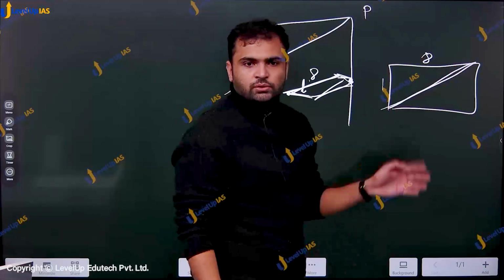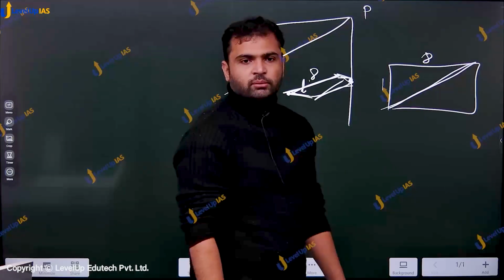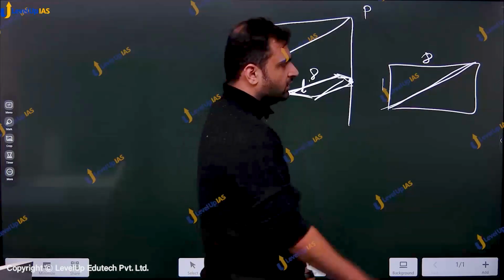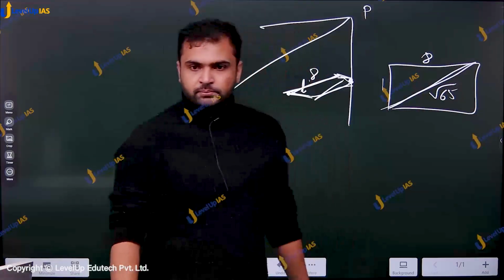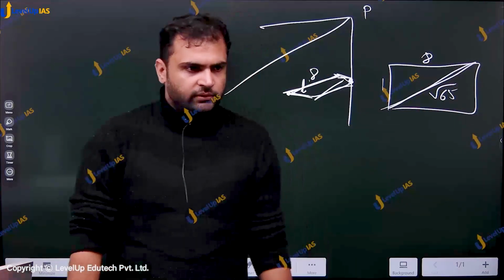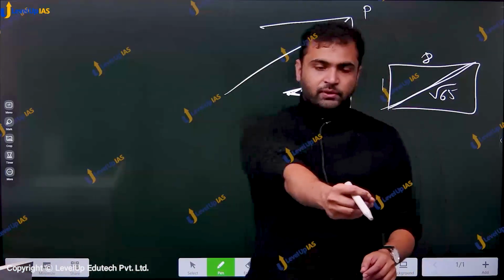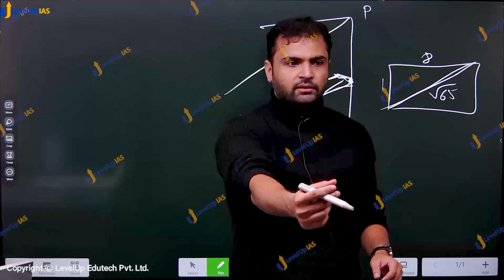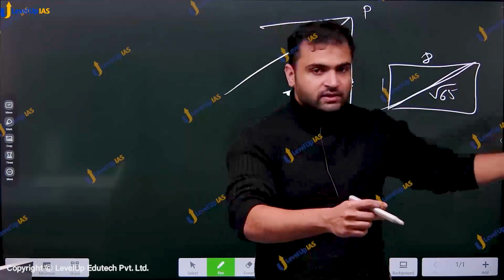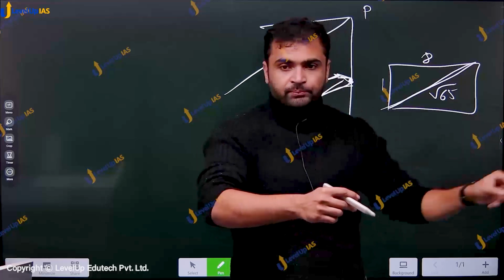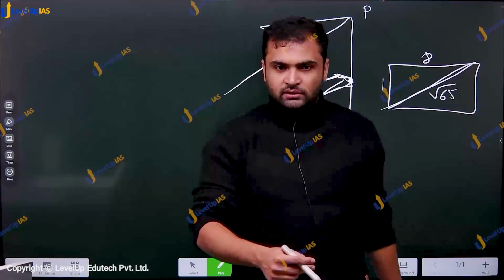Square root of 8 square plus 1 square, it would be square root of 65, right? Pythagoras theorem. And I have now, this is point P. This straight line distance is root of 65 and that diagonal distance is 9.